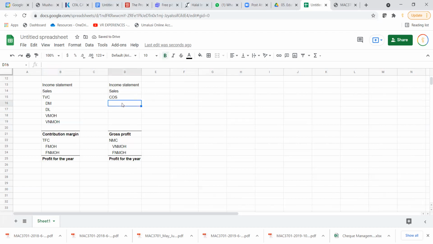Over here, it is made up of direct material, direct labor, variable manufacturing overheads, and then fixed manufacturing overheads. It's extremely, extremely important.